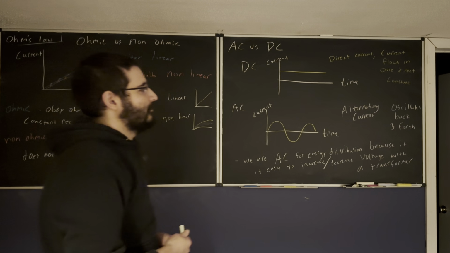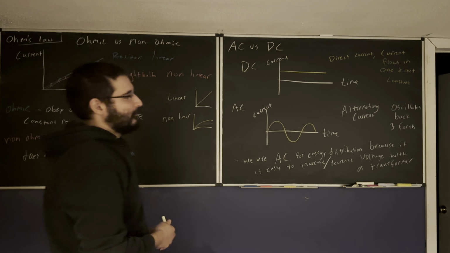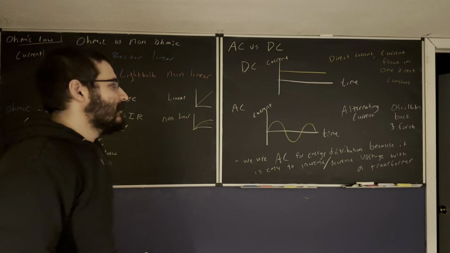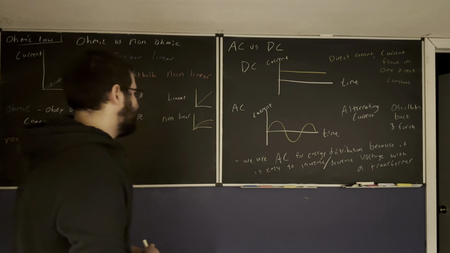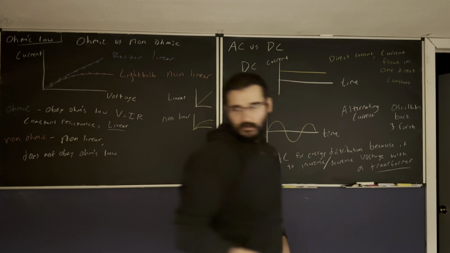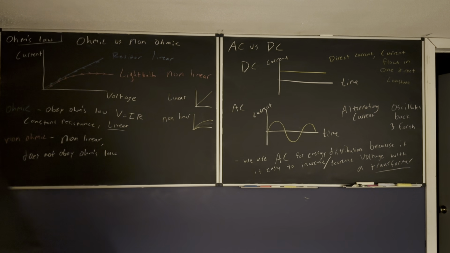So the voltage of the electricity in your house is only 120 volts, but we saw from the lesson that the voltage for really long distance transmission could get up to hundreds of thousands of volts. So in order to do that, you need to use a transformer. We'll look at the equation for a transformer at the end, but for now, let's get into circuits.